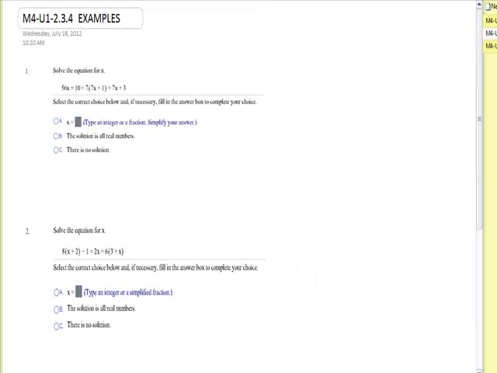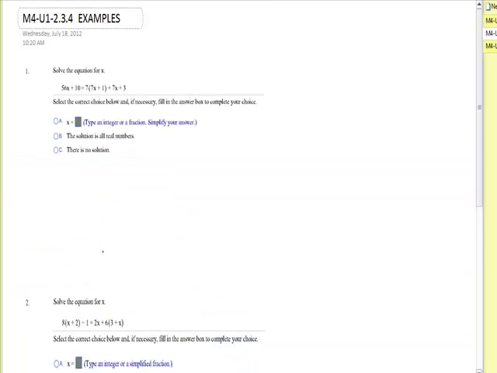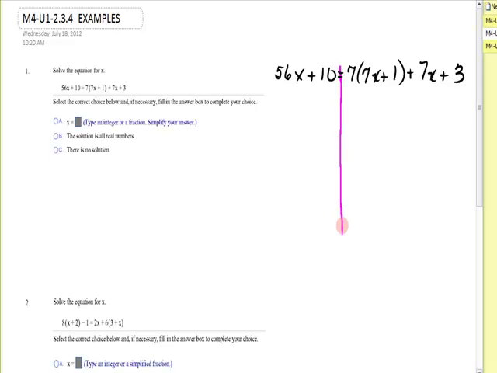All right, the first one, I have 56x plus 10 is equal to 7, parentheses, 7x plus 1, close, plus 7x plus 3. So it looks pretty long and complicated, and what that means is we've probably got more steps of simplifying.